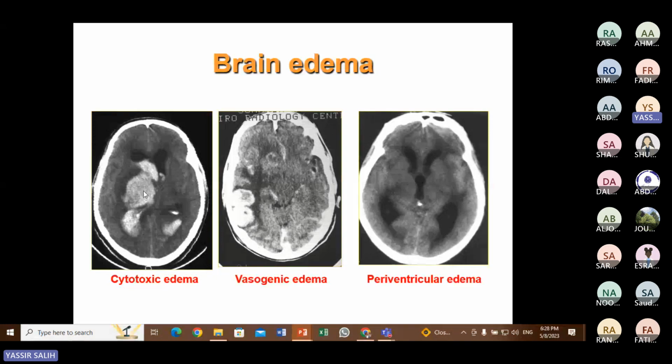But what is this? How does it look? To describe this according to CT terminology, is it hypoechoic?